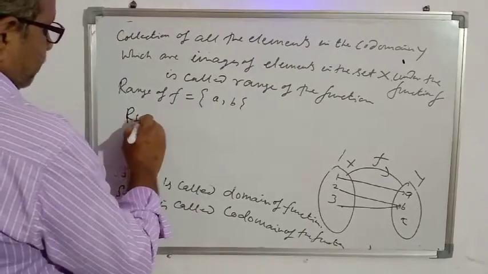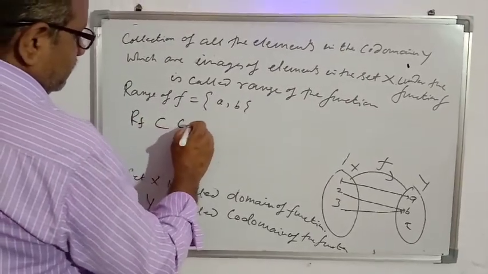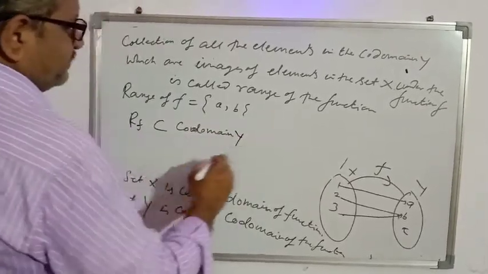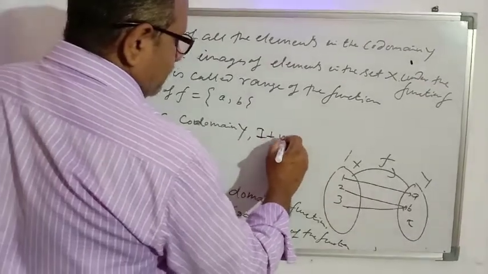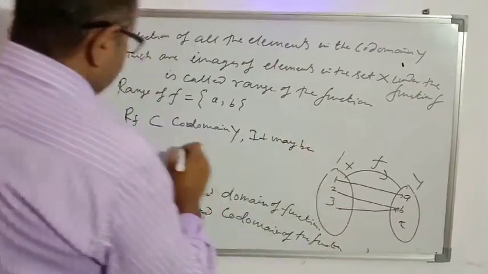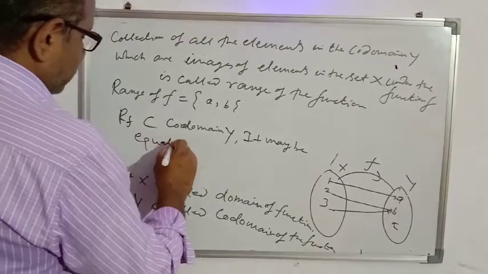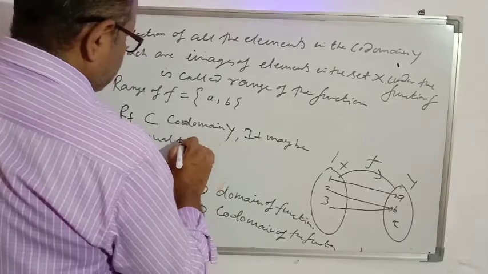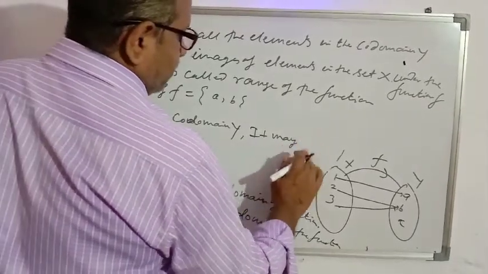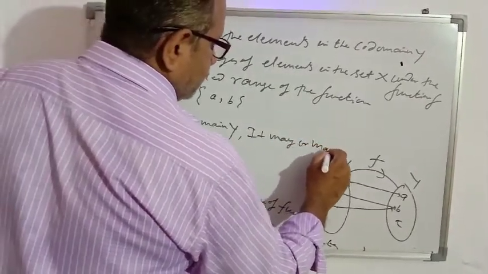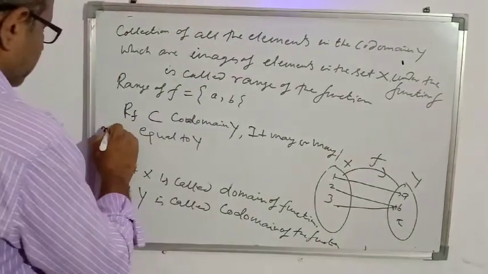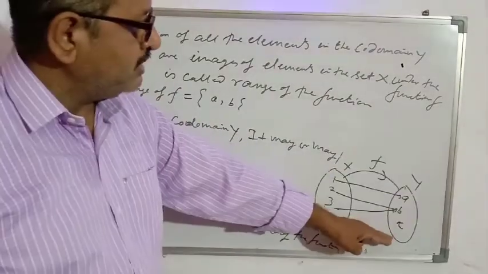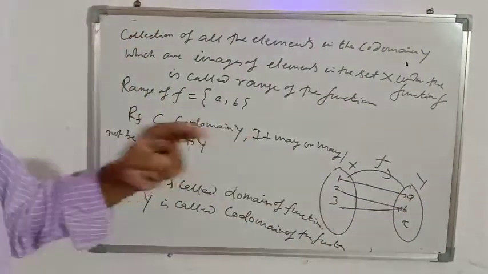The range of the function will be a subset of codomain Y. It may or may not be equal to Y. If it is equal to Y, then codomain and range both will be equal.